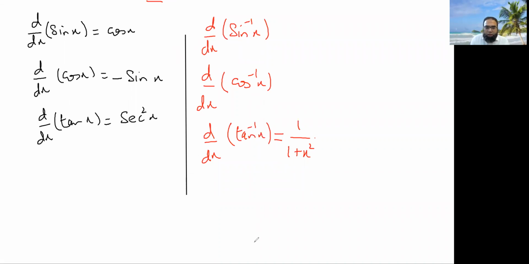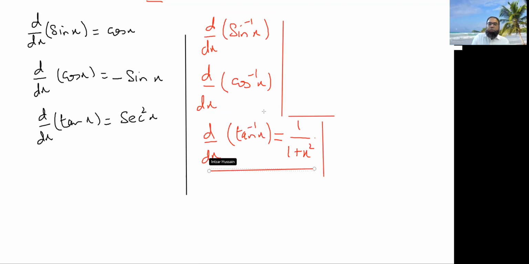Let me draw a line here so that I can tell you why we have the derivative of tan inverse x like this. You have done differentiation of implicit functions.